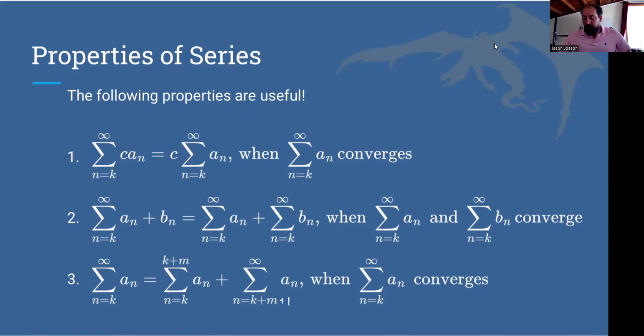So for example, let's write a little example to make this clear. If the first one was going from 10 to infinity, I could split that up if I wanted to go from, say, 10 to 20.